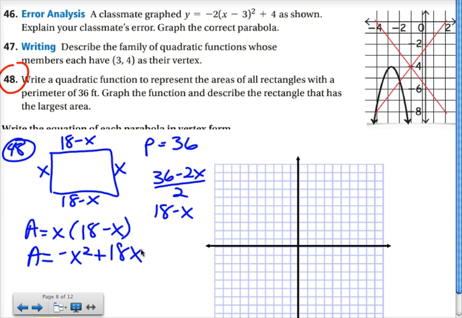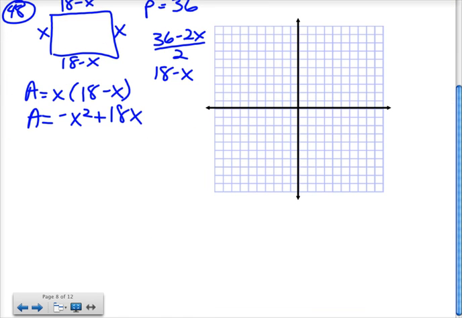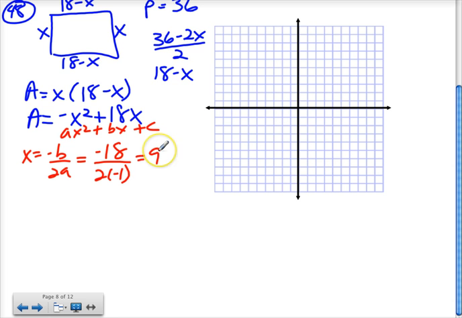Now they did want me to graph it, so what I'm going to need to do is use my little negative b over 2a to figure out where my vertex is. So x equals negative b over 2a will be negative 18 over 2 times negative 1, because again, we have ax squared plus bx plus c. That's going to come out to 9.